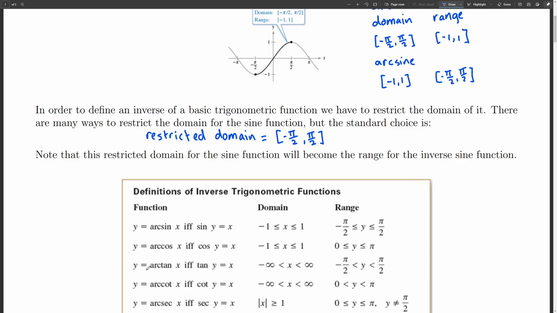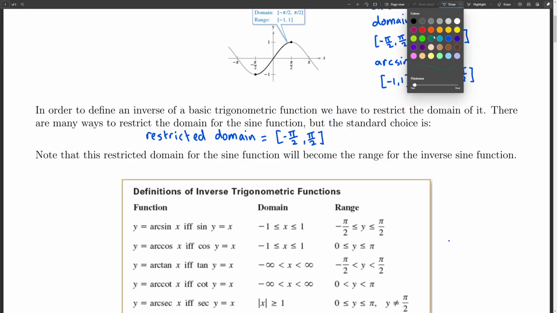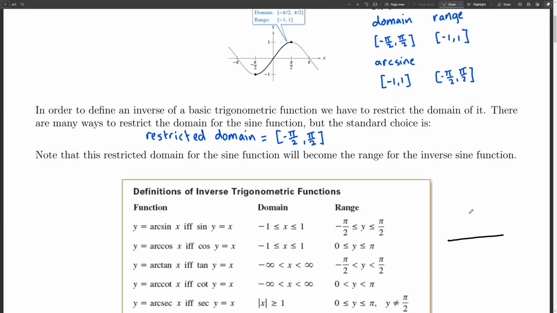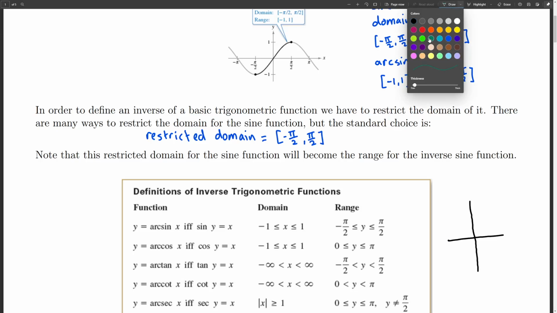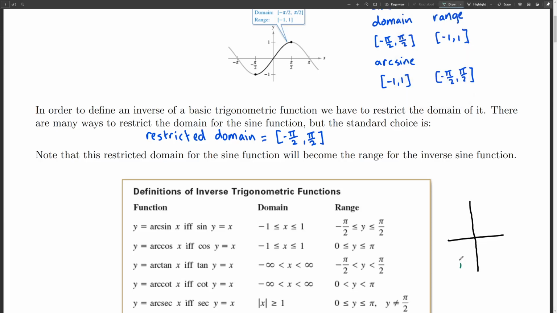Now, let me briefly talk about the arctangent, and I will not talk about all 6 of them, but just to see where the arctangent comes from. And hopefully you recall that when you look at the graph of the tangent, the graph of the tangent has 2 vertical asymptotes.